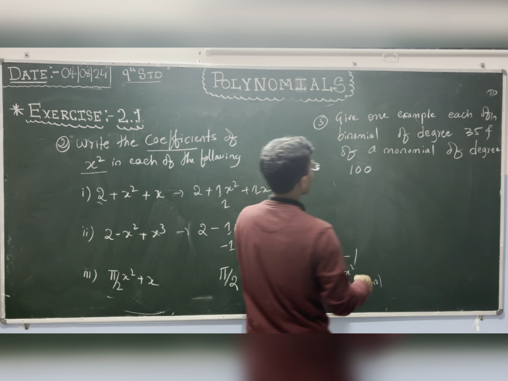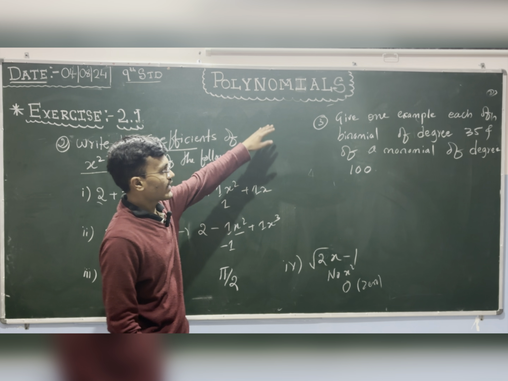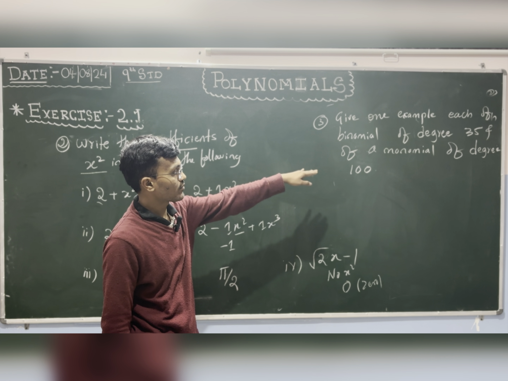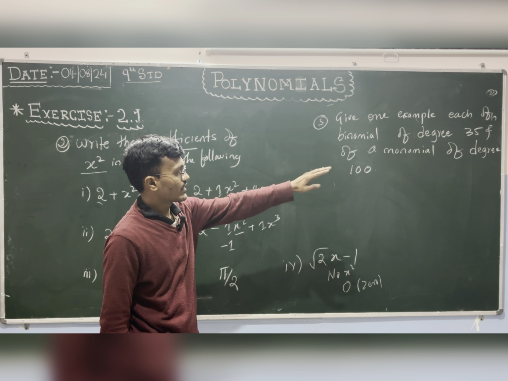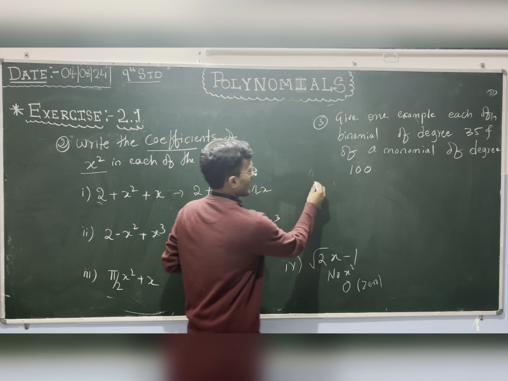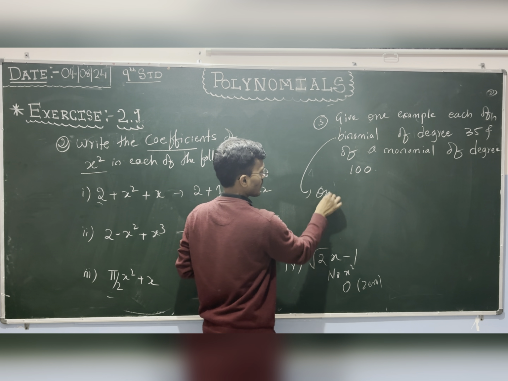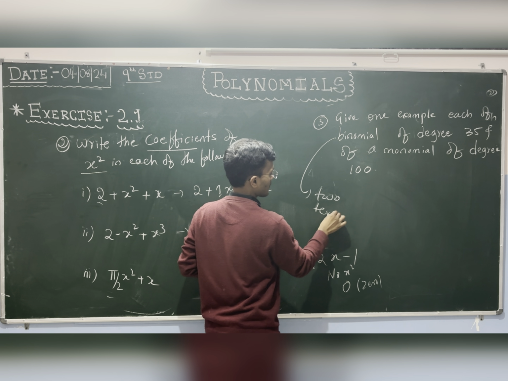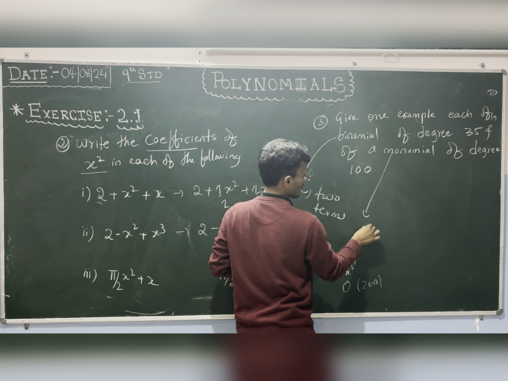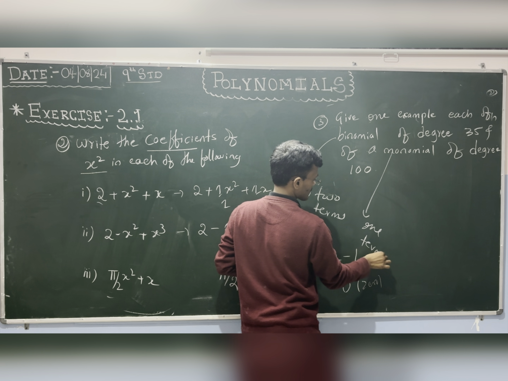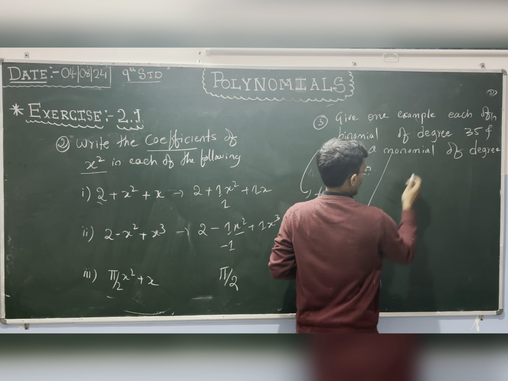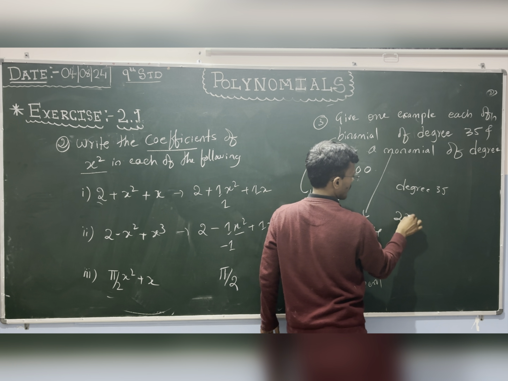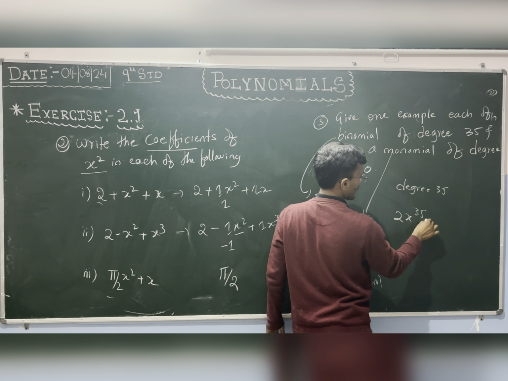Now question number 3, give one example each of a binomial of degree 35 and a monomial of degree 100. Binomial means there are two terms, and monomial means one term. Here the degree is 35: 2x to the power of 35 plus 1.